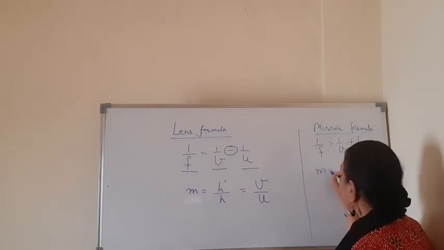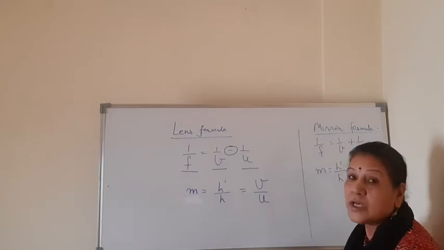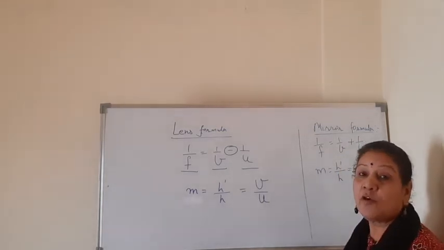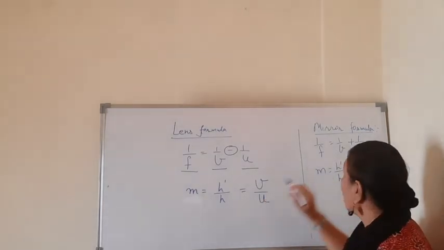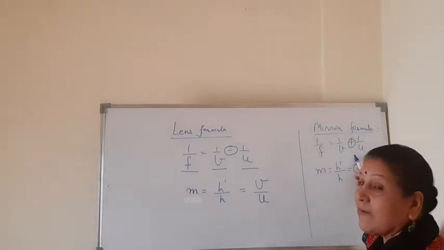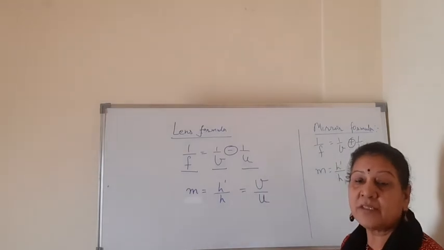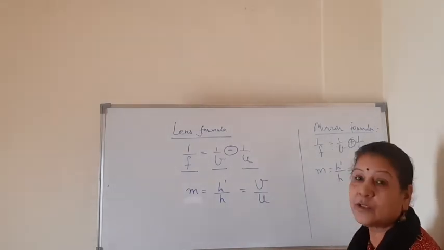And magnification was m is equal to h dash by h equals minus v by u. So can you see the difference? For magnification in the mirror formula we had minus, here we have plus. There, in the case of the mirror formula, we have plus 1 by u, here it is minus 1 by u. So this is the difference between the lens formula and the mirror formula. I hope it's clear to you.